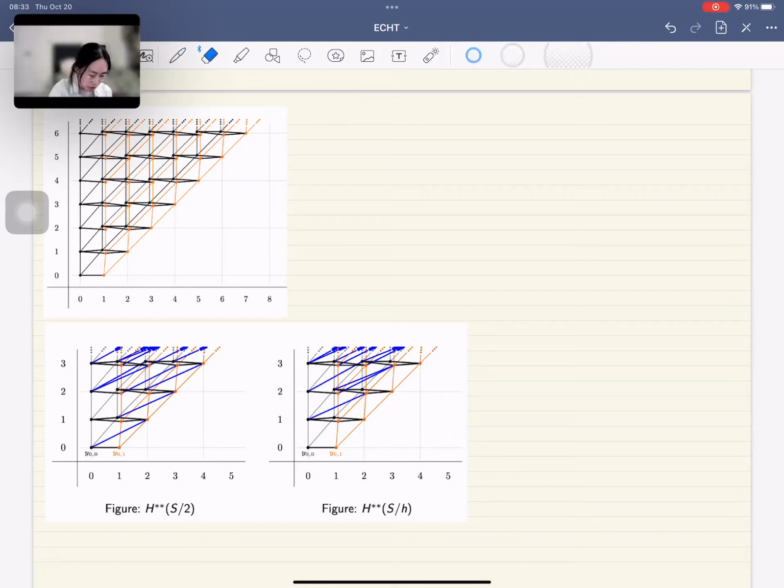So this is a picture of A0 of R. And only as A0 of R module, because the Sq2s are not drawn in this picture. And you can see that classically there's only one class 0 and class 1 connected by Sq1.